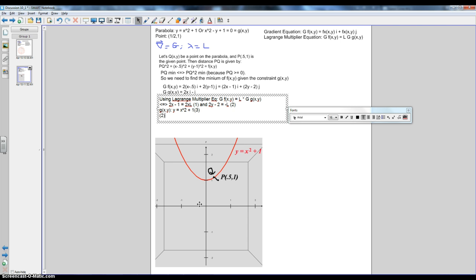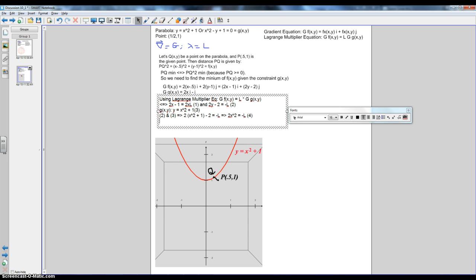From 2 and 3, you will have 2 times (x squared plus 1) minus 2 equal minus lambda. It means 2x squared equal minus lambda.